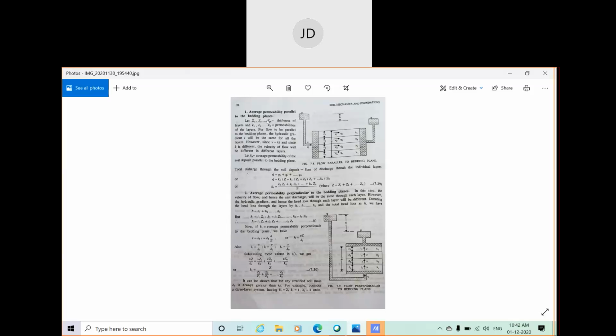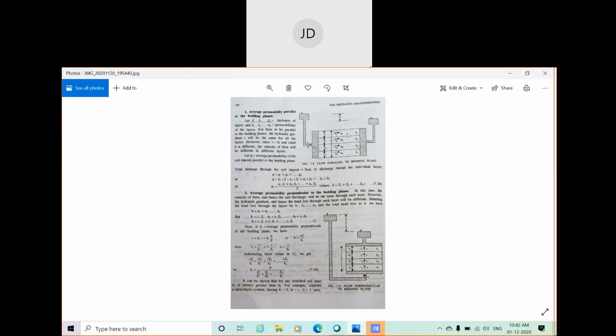So to understand this phenomenon, you can understand this from the line diagram. Here you can see this stratified soil fitted between two overhead tanks. This stratified soil has n numbers of layers.